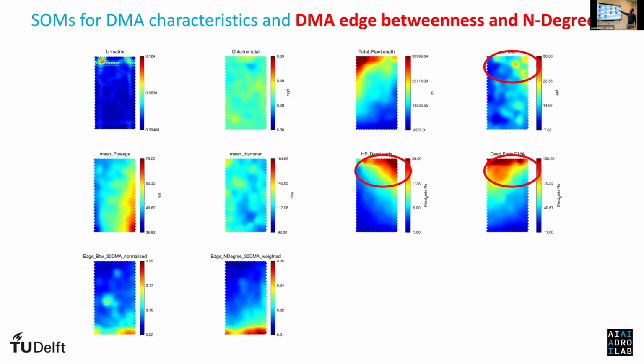What we've noticed is that again iron is correlated with a high number of dead ends and a high number of high priority dead ends. But also, we have a reverse correlation of these with the edge betweenness of the DMA and the edge end degree of the DMA, which is very interesting.